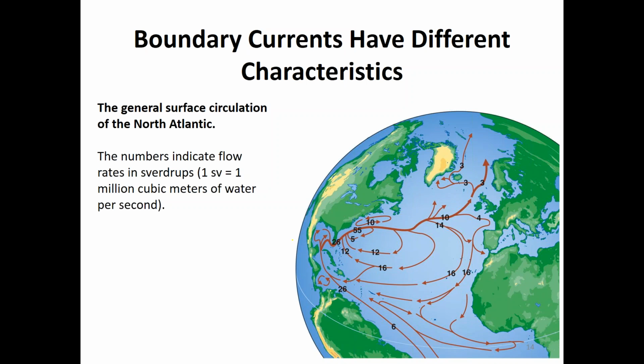I'm not very good at pronouncing Scandinavian terms. One sverdrup is 1 million cubic meters of water per second. So, for example, in the Gulf Stream here, the flow rate is 55 sverdrups. That means every second, 55 million cubic meters is moving through it.